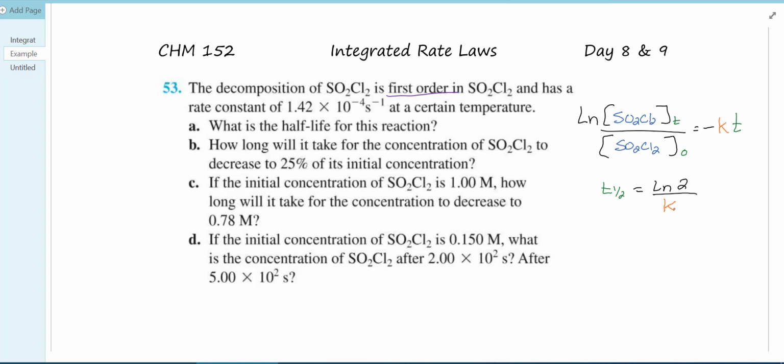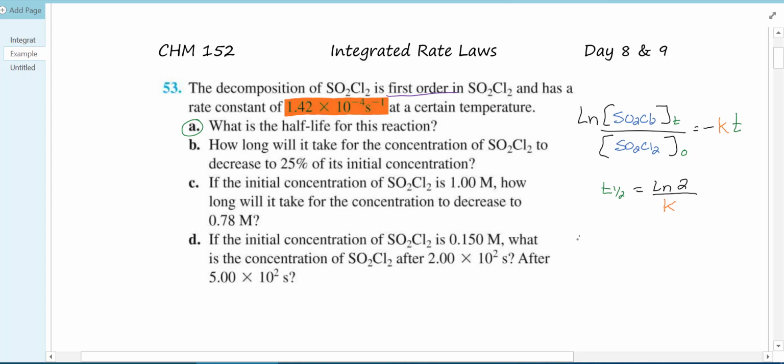So we've got first order, and now it gives you the rate constant at a certain temperature. Part A asks, what's the half-life?